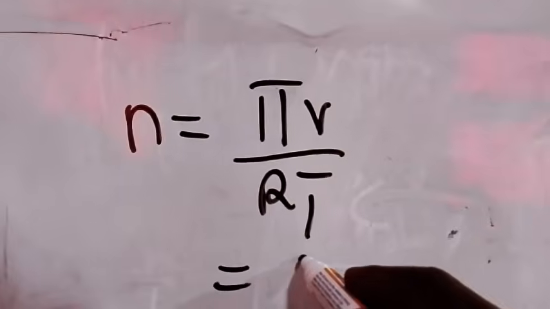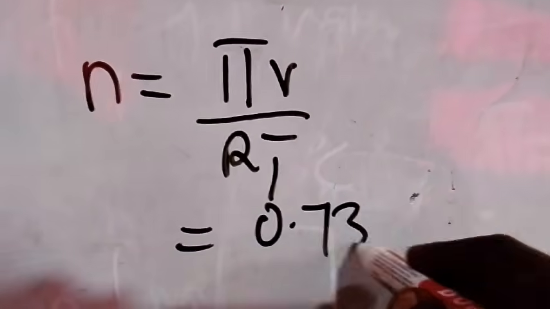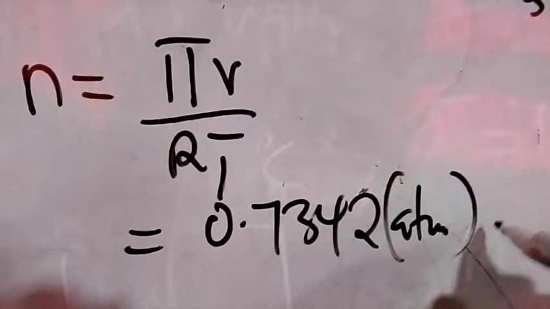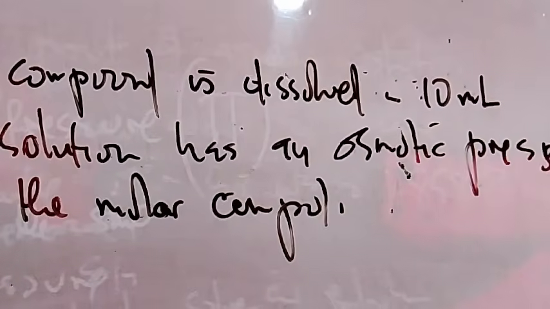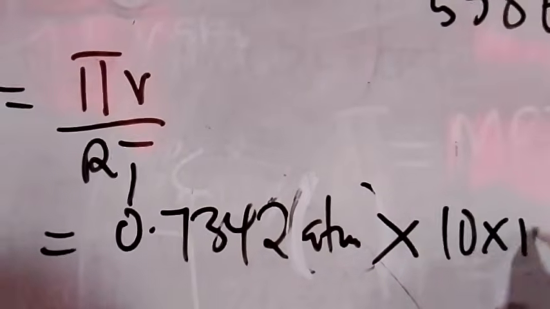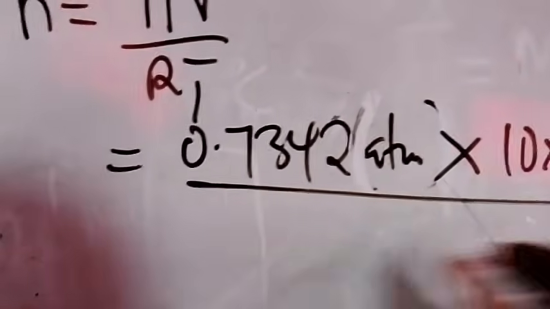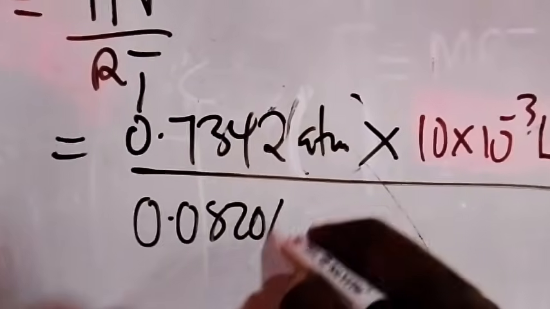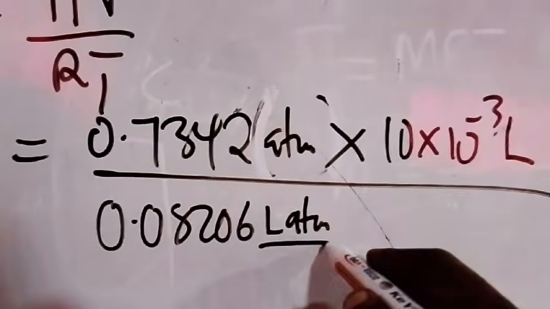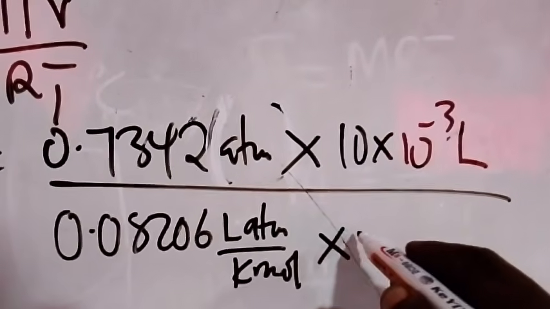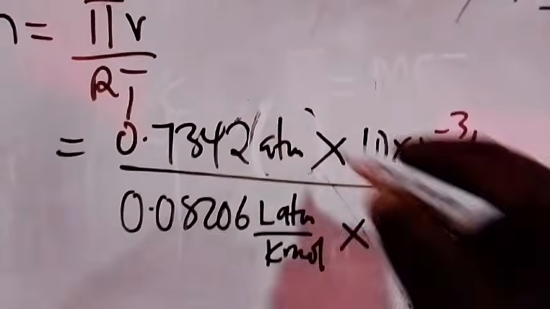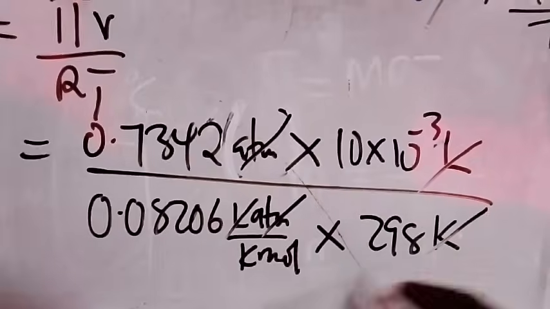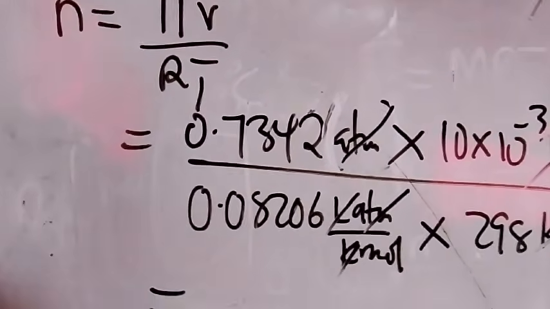Now we substitute. Pi, the osmotic pressure, is 0.7342 atm, times the volume of the solution, 10 milliliters, converted into liters, over R, 0.08206 liter atmospheres per Kelvin mole, times the temperature, 25 degrees Celsius, which is 298 K. We cancel the units, and we remain with the number of moles.